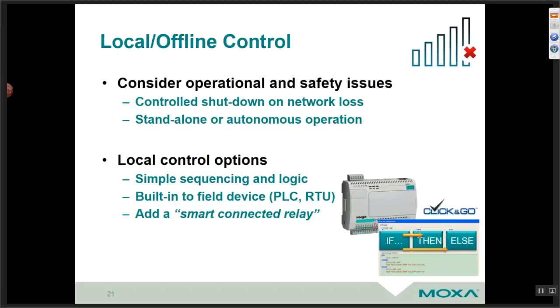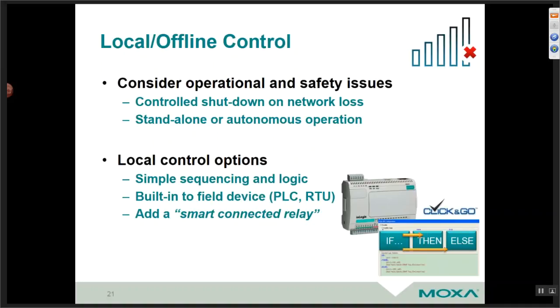And then lastly, and this is more of that contingency planning, don't forget the situations where you may lose that connection, and now what happens? Is there enough intelligence in the devices that you have installed to be able to maintain some level of control if need be? Think about a remote pumping station, especially this time of year as we're coming into winter and we get more rain.